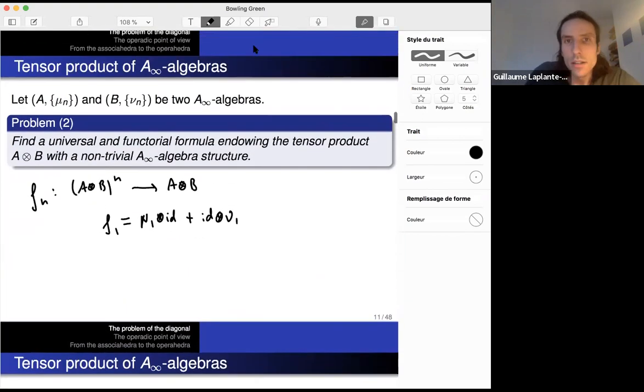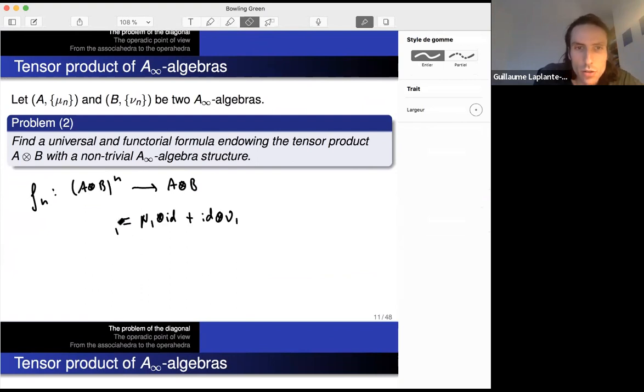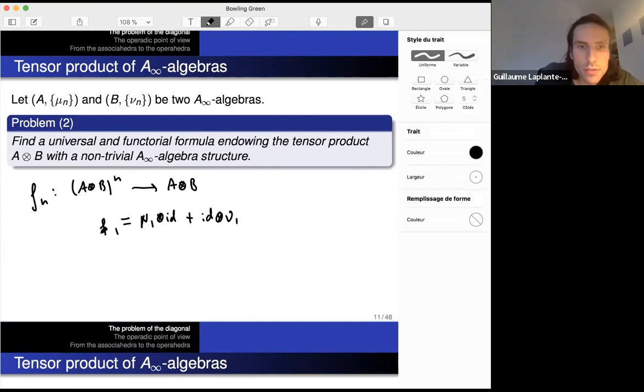So rho 1 would be the usual differential, and rho 2 would be just mu2 tensor nu2, and this is just the product. If you had two associative algebras and you want to make the tensor product of them, then you would just make the tensor product of the products, and then you get the associative algebra.